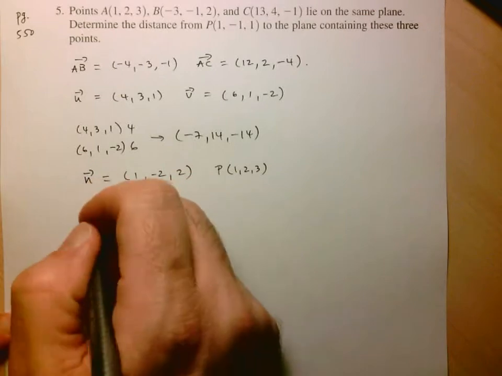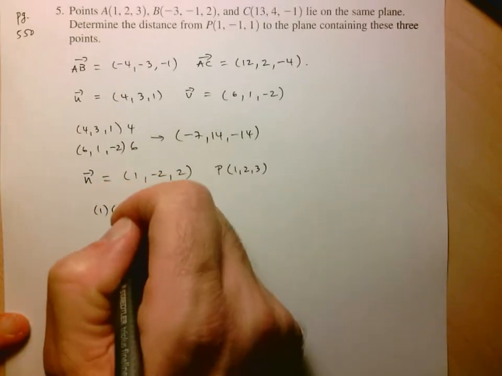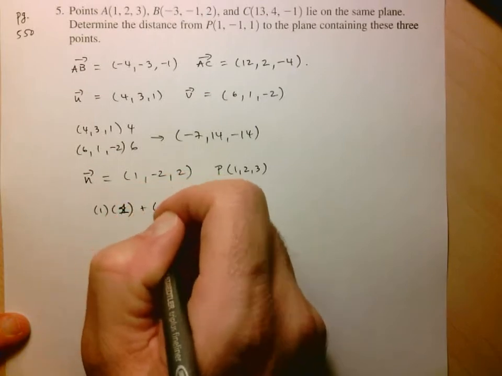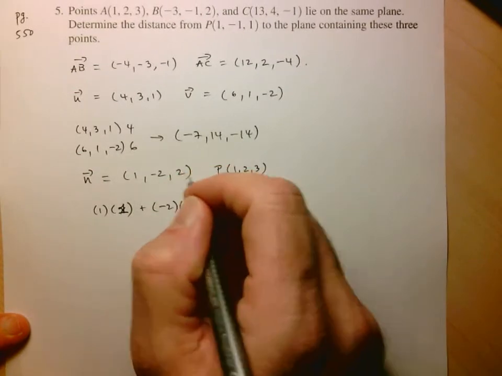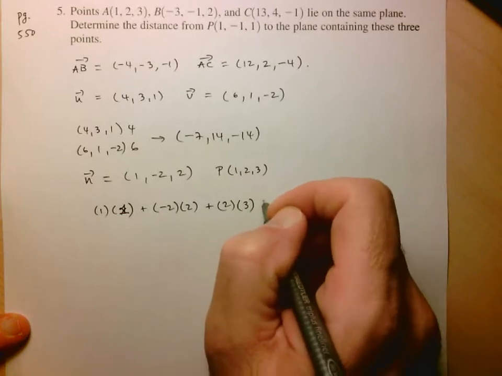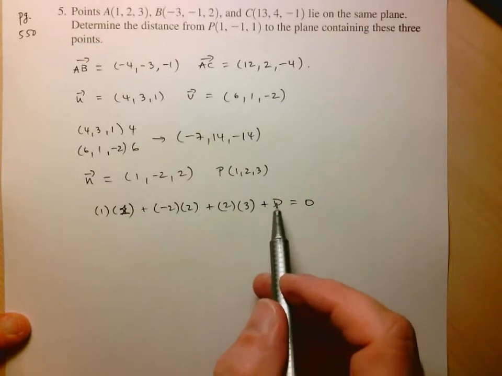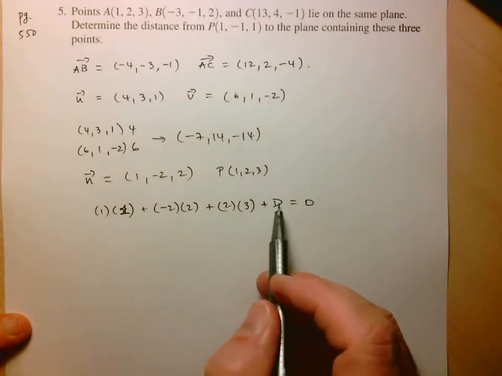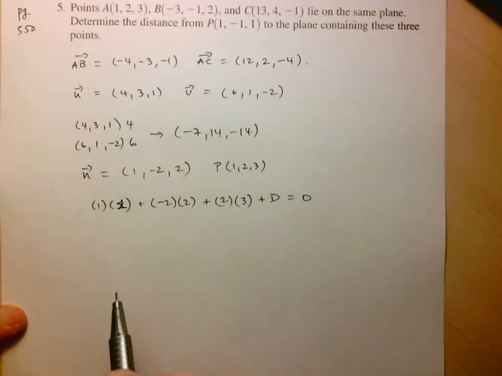So our A value is 1 times our x value for a point, which is also 1. Okay, plus our B value is -2 times 2, plus our C value is 2 times the z value, which is 3, plus D is equal to 0. Now notice how I keep the D on the left-hand side to make sure I'm solving for that number there, since I'm going to be using the distance formula.